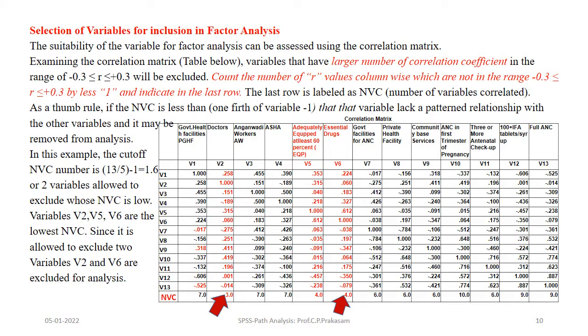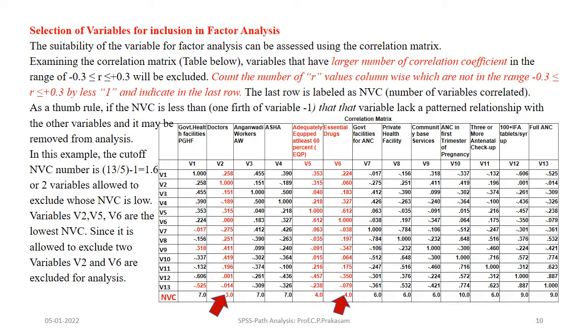As a thumb rule, if the NVC is less than 1/5 of the total variables minus 1, that variable lacks a patterned relationship with the other variables and it may be removed from the analysis. Let us look at the example.